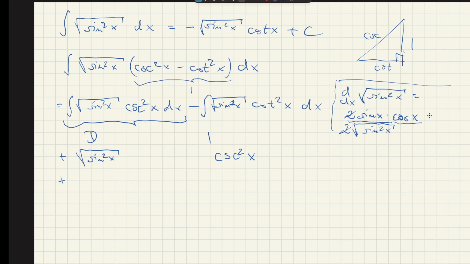That's the 2. Now what I'm going to do is rationalize the denominator. So I'm going to multiply by sine squared of x, top and bottom, like so. And what that allows me to do is then write the denominator as sine squared of x.